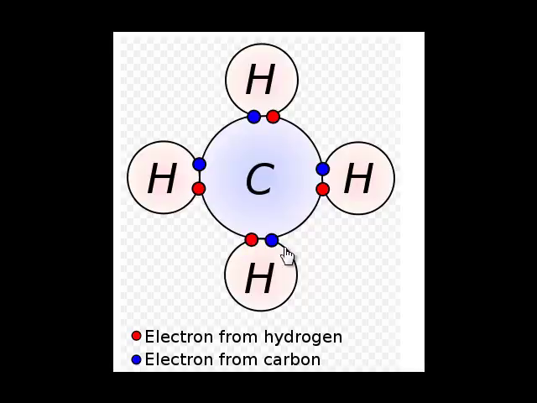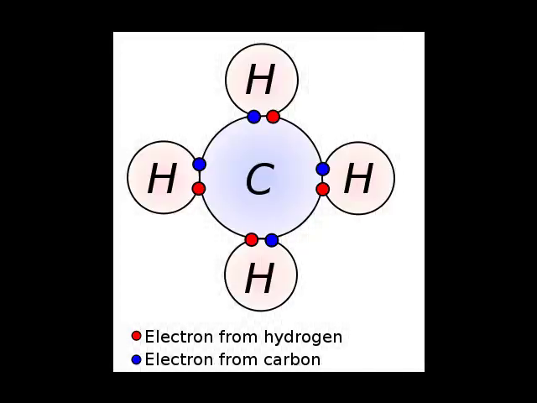And hydrogen, with its one valence electron, sharing 1 from carbon, can make its energy level full at 2. And again, carbon's energy level is full at 8. So again, sharing those electrons helps them each get to the energy level they'd like to be at. Hydrogen at 2, carbon at 8.